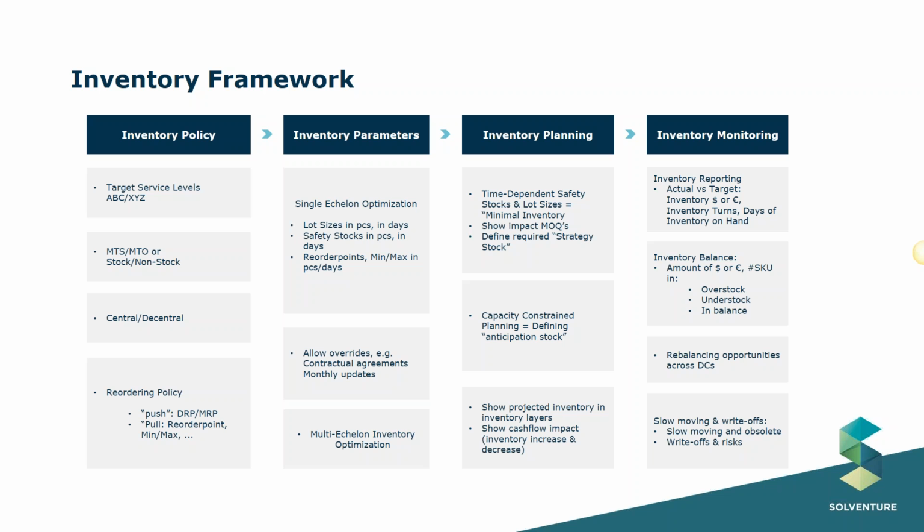Where you have a lot of push type, so DRP, MRP. Maybe you say the forecast is not reliable enough, or that the demand is so low that we don't want to make the effort to make or validate the forecast. It can be a reorder point or a max policy. All of these are design choices you need to make before you go to the next steps in the inventory framework.